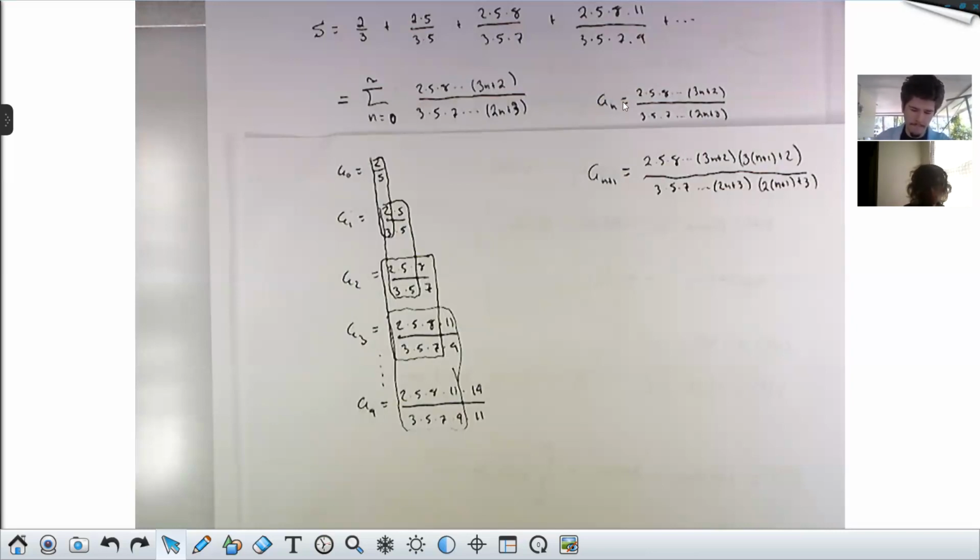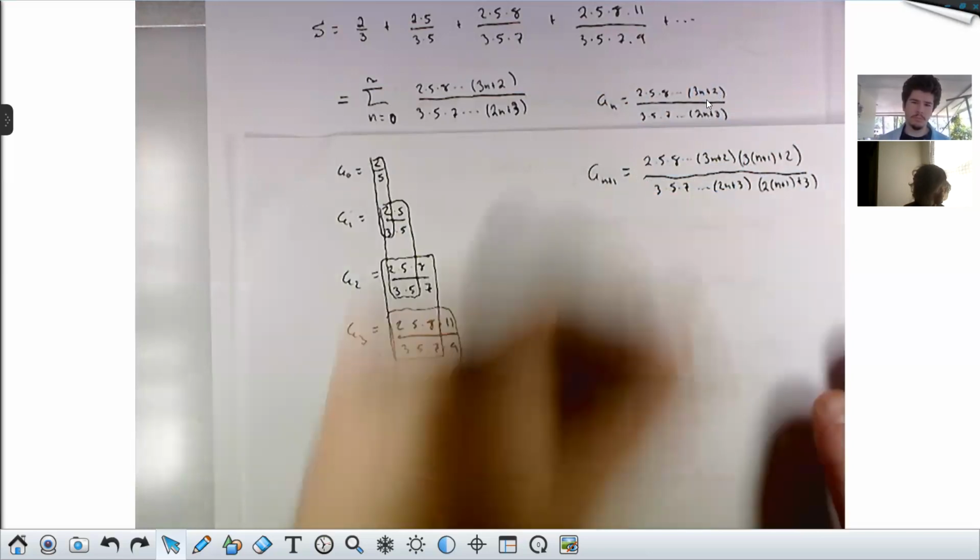And in general, if you want to compare a_n to a_{n+1}, a_{n+1} should have all the terms from the numerator and denominator of a_n, but then should have in the numerator the next term in that pattern, and in the denominator the next term in that pattern. And the simplest way to describe the next term in that pattern is just to take where this product ends and swap this n for parentheses n plus 1.